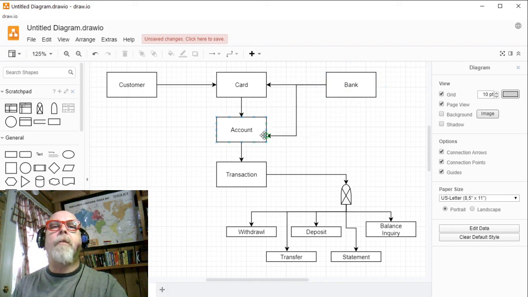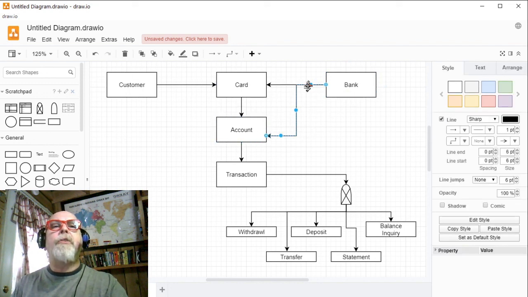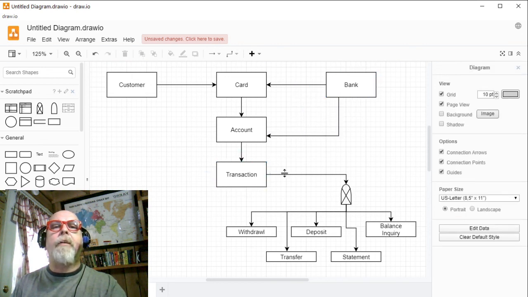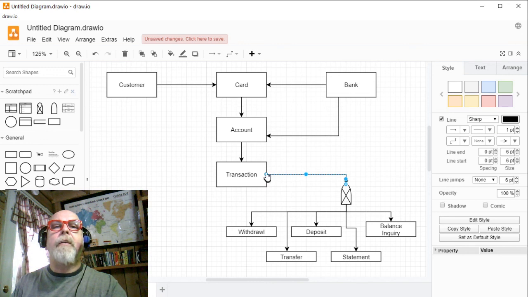Bank to account. Now, having relationships running together is not a good idea when you're dealing with a subject area model, because we want them to be clear that they're separate, that they're not the same, that they don't start the same, and they don't end the same.